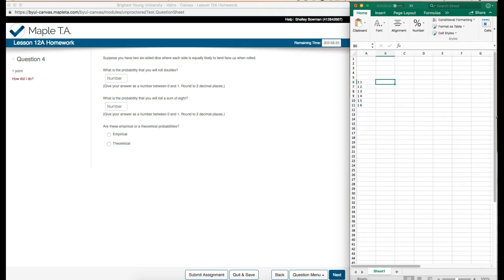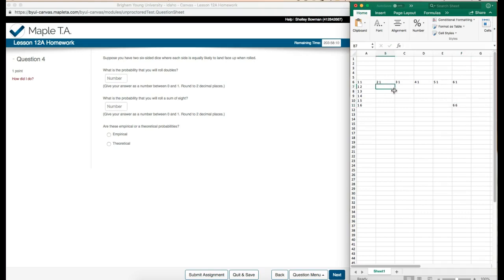I could also get the roll 2 and 1, 3 and 1, 4 and 1, 5 and 1, and 6 and 1. Then I can fill this in knowing that the highest I can get is a 6 and a 6 on my six-sided dice.